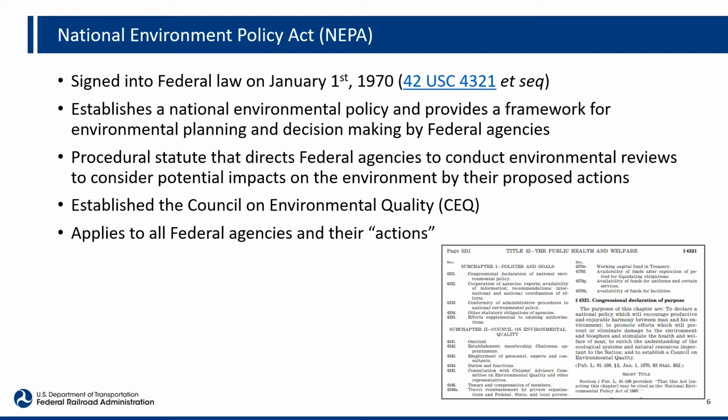It establishes a national environmental policy and provides a framework for environmental planning and decision-making done by federal agencies. It's a procedural statute, which means that what's important is that we follow a clearly outlined process. It doesn't actually dictate the decision that's made at the end of that process.